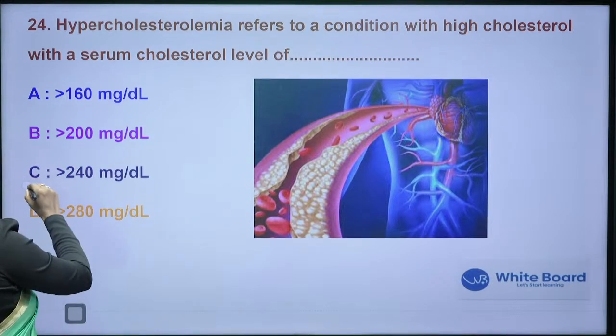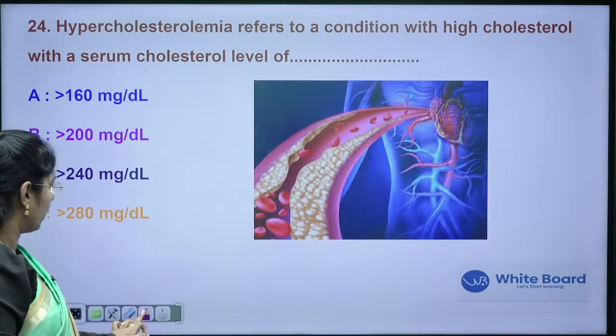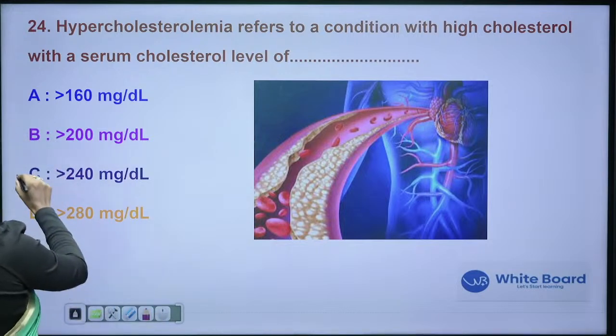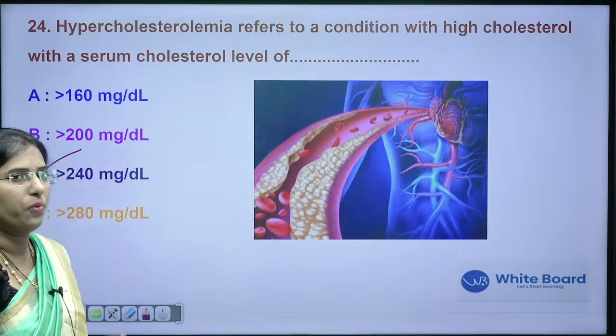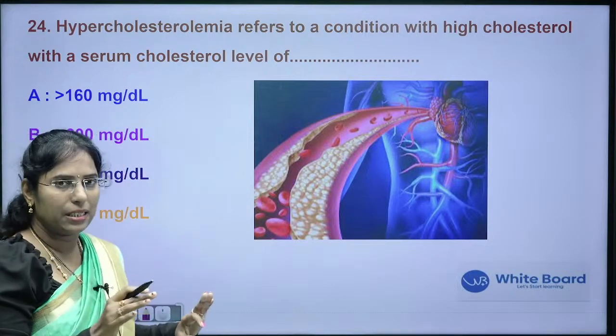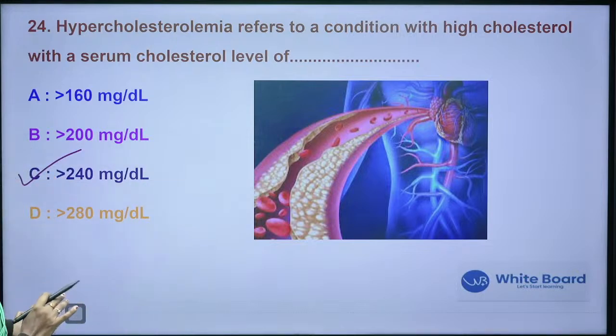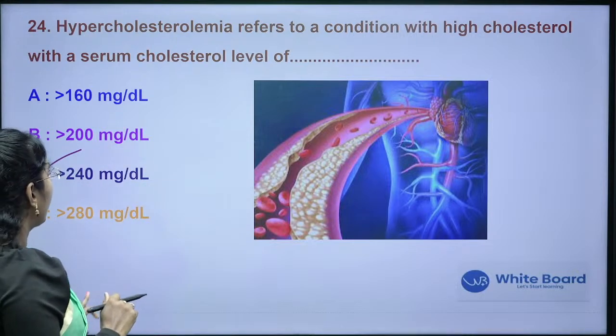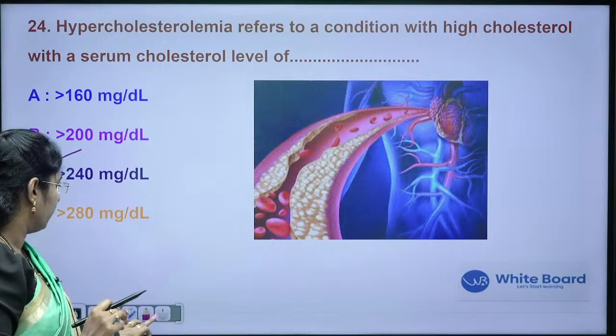So, the correct answer is greater than 240. If the cholesterol level is greater than 240 milligram per deciliter, then the person is having hypercholesteremia or hyperlipidemia.